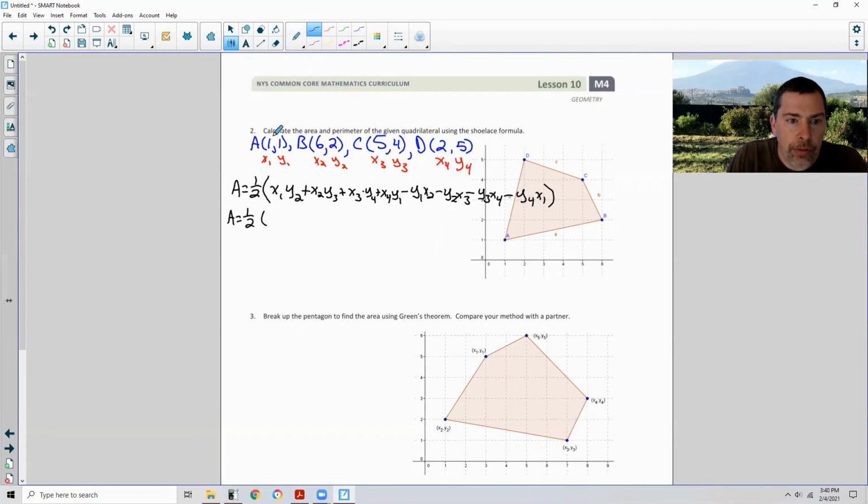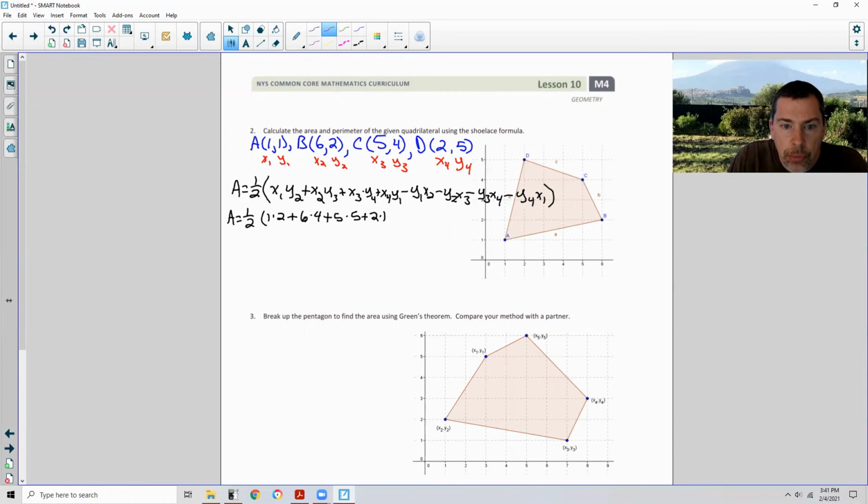So x1 is 1 times y2, which is 2, plus x2 is 6 times y3, which is 4, plus x3, 5, times y4, 5, plus x4, which is 2, times y1, which is 1.